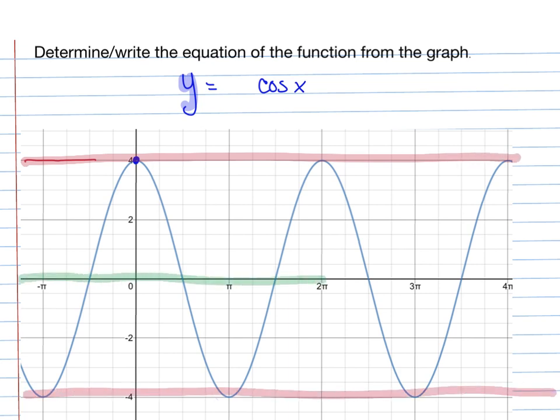And the x-axis for this equation is your midline. So that means the distance between your midline and your max is 4, and your midline and your min is also 4. So that means that your amplitude is 4. Since it goes from max to intercept, it's going to be positive. So that's basically a positive 4. You don't need to put the positive sign, but just know that it's a positive 4. And that's it.